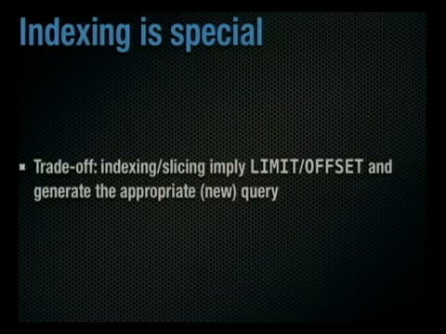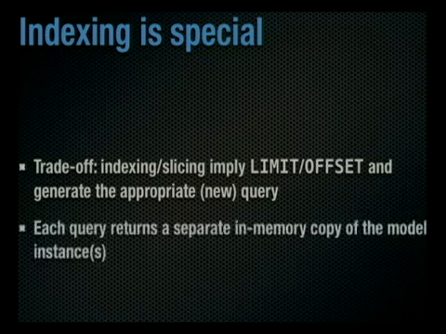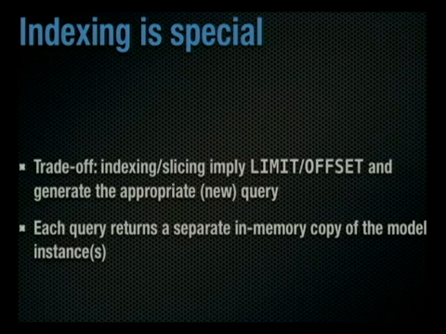Indexing and slicing simply turn into limit and offset, or whatever your database's equivalent of those are, and will generate a brand new query. Each and every query has its own separate in-memory copy of the model instances it's returning. There's been a very long-running debate, I believe ticket number 17 in Django Trac, and we're well over 10,000 tickets now.